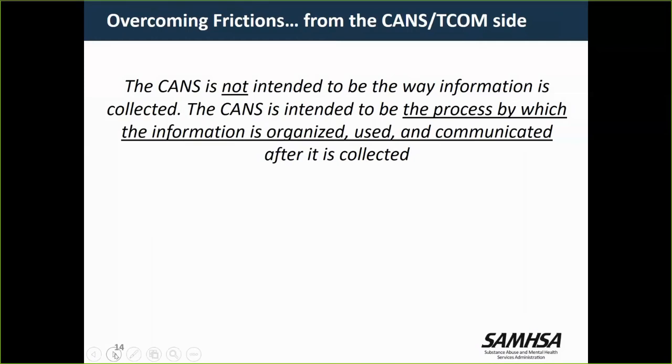Yeah, one of our experiences is that one of the most common challenges is people think that CANS is an assessment, that it's some way of gathering information, and it's not. It's the output of the discovery process. The metaphor is more like a closet organizer, right? You're not actually doing any specific process to generate the information for the CANS.